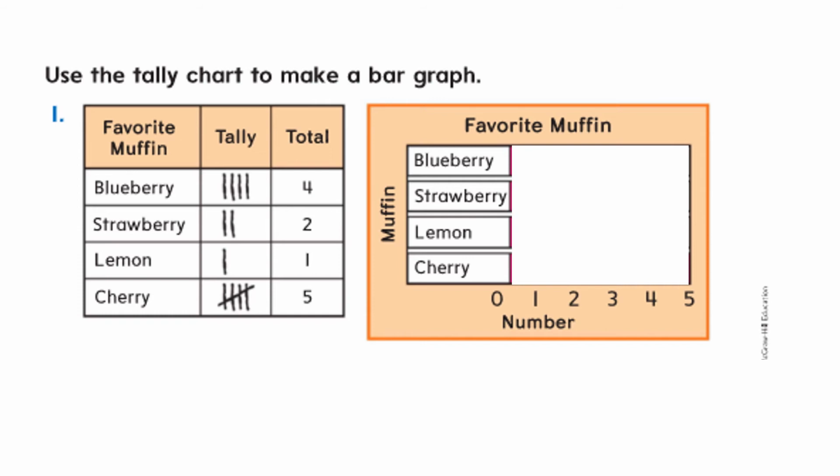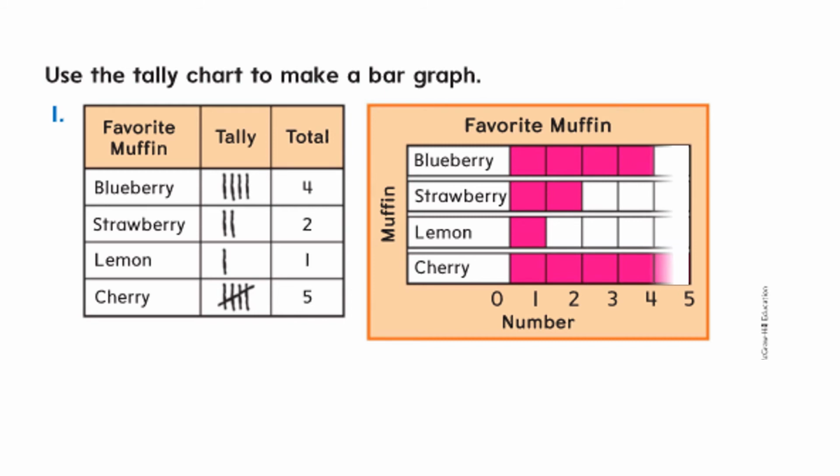Only one liked lemon. And five liked cherry. And the information is fine like that. Let's put it into a bar graph. Okay, and that's also very easy to understand. We can see which one was the most popular, which one was the least popular.